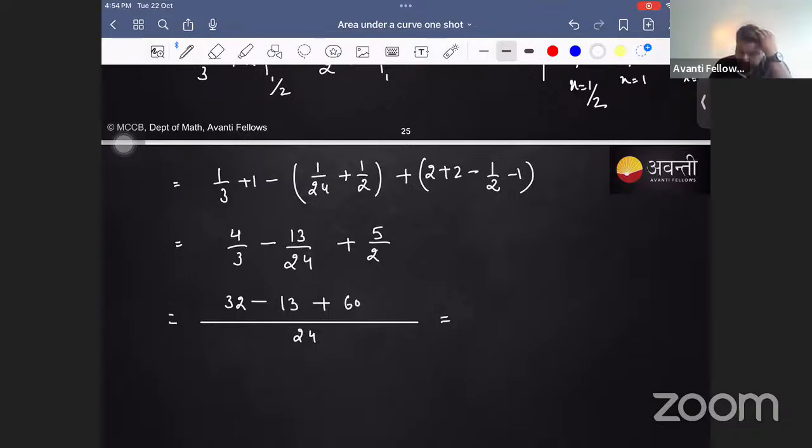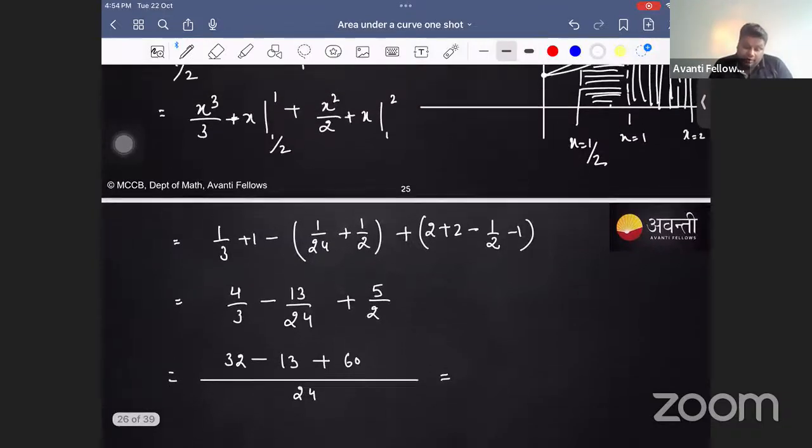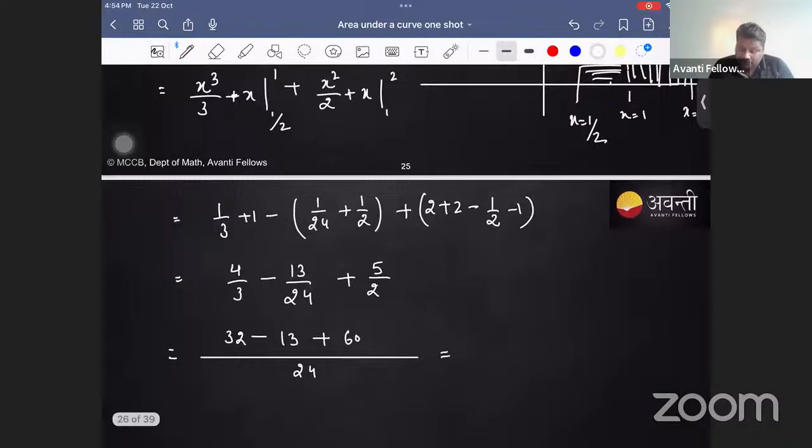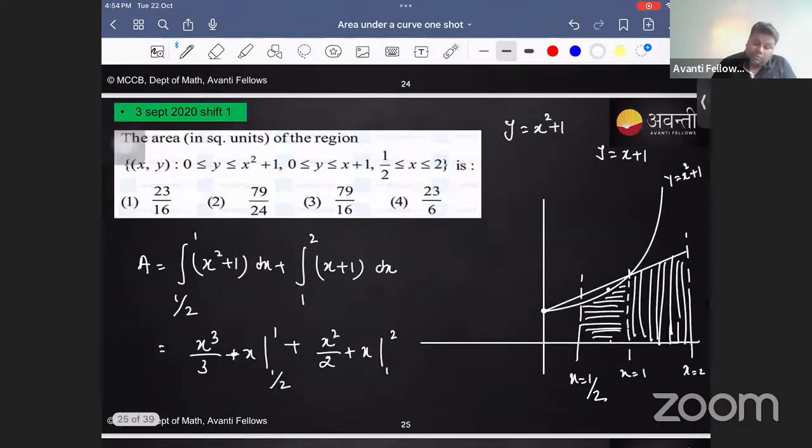So 60 plus 32 is 92, minus 13, 79. So 79 upon 24. Got it? Very simple, good, sober question. Am I clear?